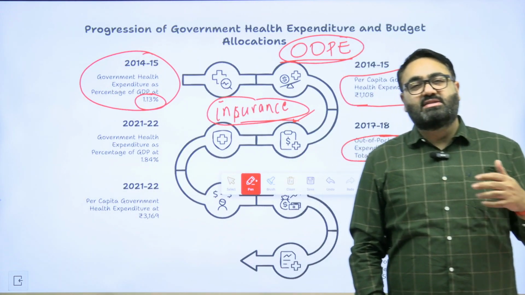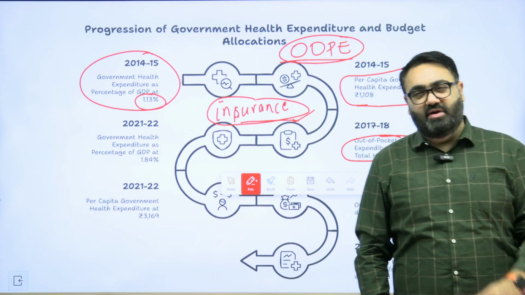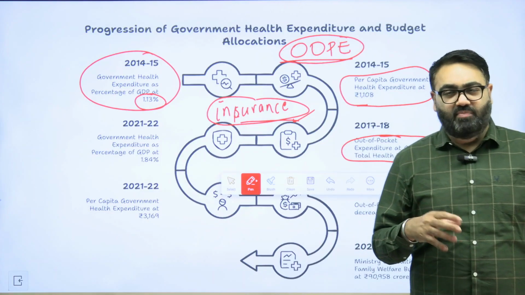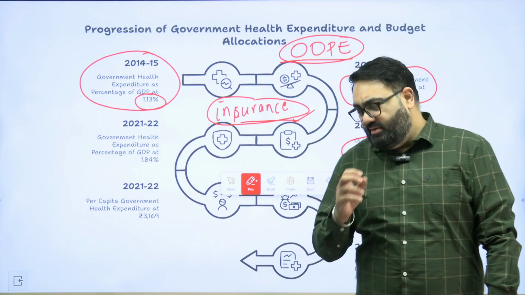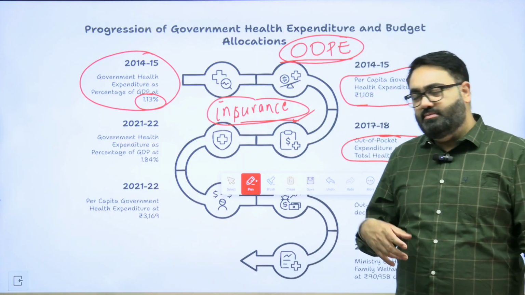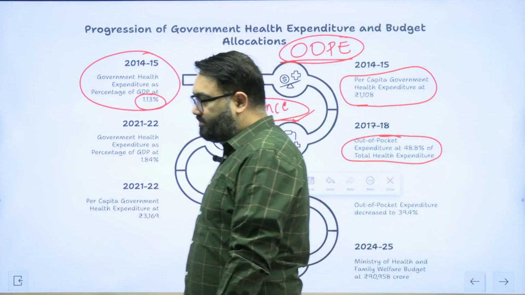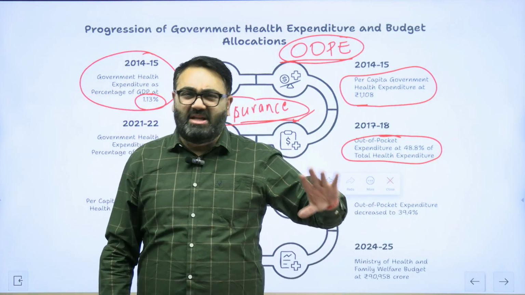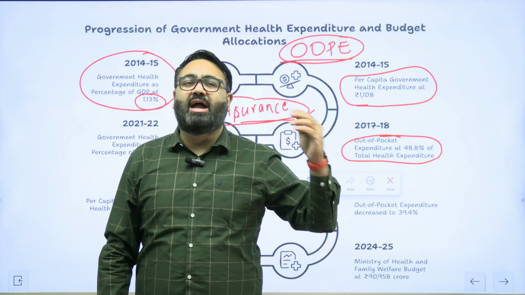Even after these schemes by the government and corporate sector offering insurance, the fact is that insurance penetration is still very low in India. Now what happens is, let's say you are admitted in the hospital and you fall sick, you apply to the insurance company. Usually the insurance company may not give you the entire bill amount.